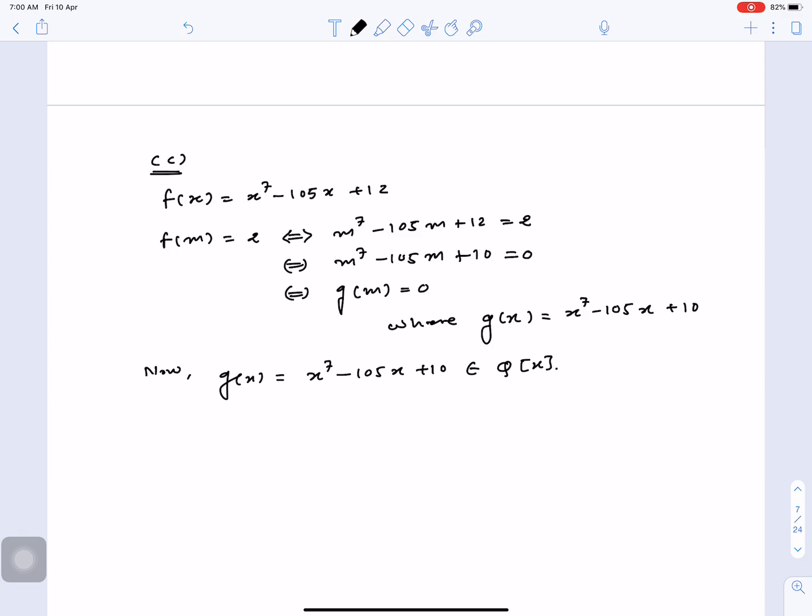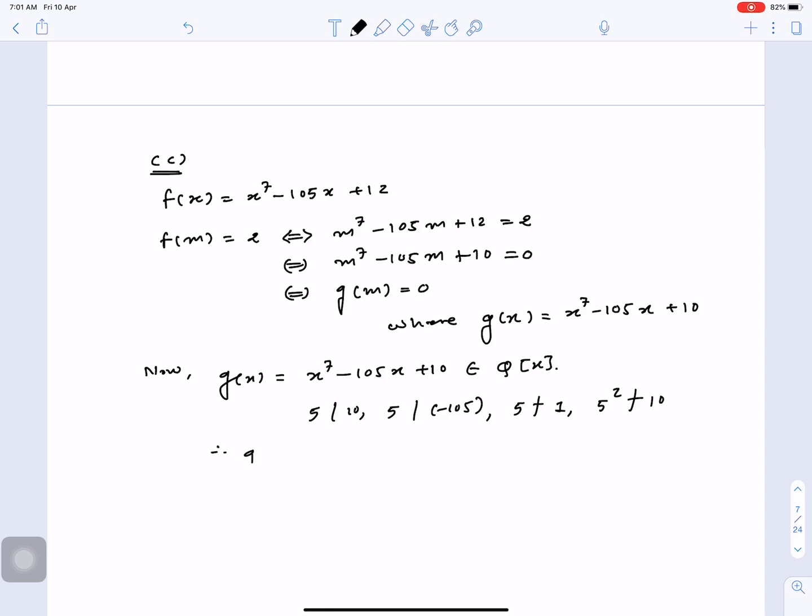It is a polynomial over Q. Now 5 divides 10, 5 divides minus 105, and 5 does not divide 1, and 5 squared does not divide 10.